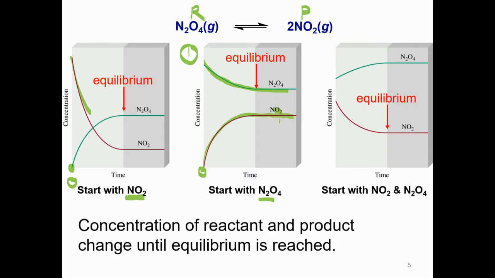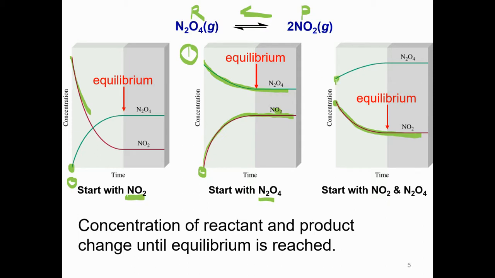It will be constant. Now the next one: we change to another one, that is NO2 reversibly becoming N2O4. So it will slowly reduce until it reaches equilibrium. Then N2O4 now becomes the product. Why is this one high?